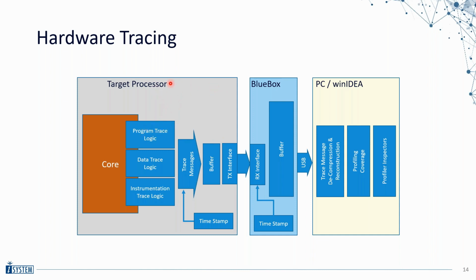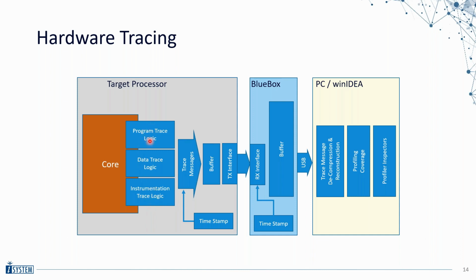This block diagram shows our target processor, then the blue box and the PC with WinIDEA where we analyze the data, and the orange block is the CPU core. That's where your application is executed, and then this program trace logic, data trace logic, and instrumentation trace logic, that's the hardware trace unit.